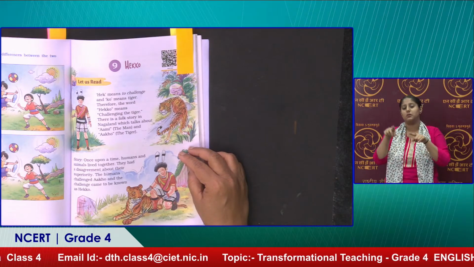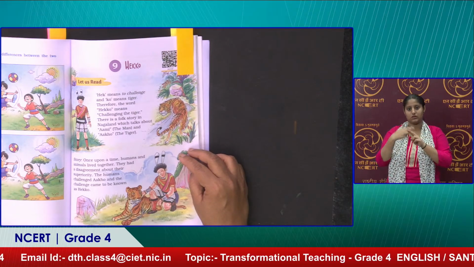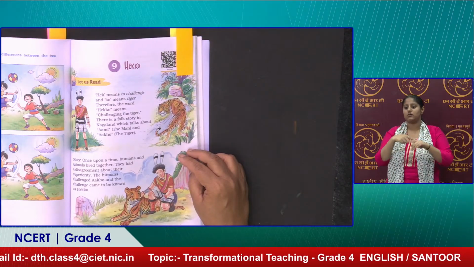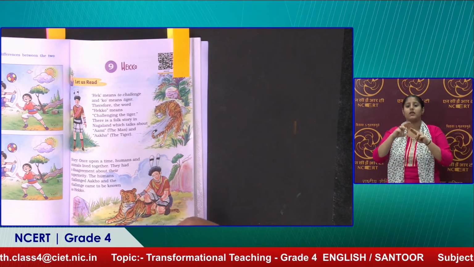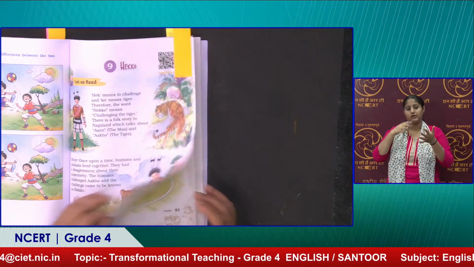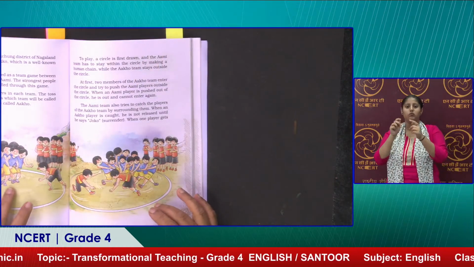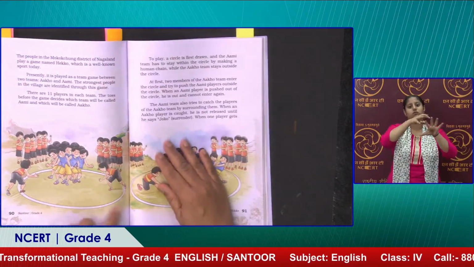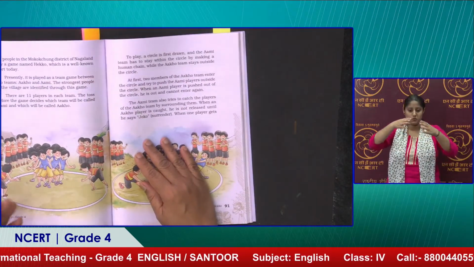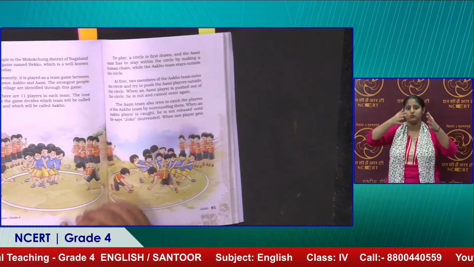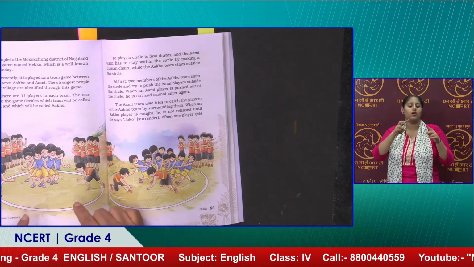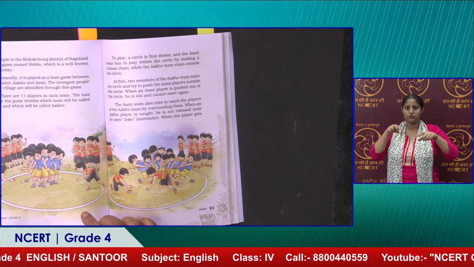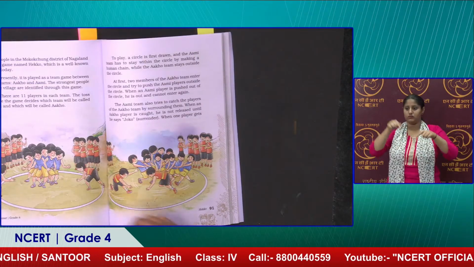And in that again they had a disagreement, it almost came to a conflict. So, now that folk tale, retaining the name Hekko, we have 2 teams, one is humans and one is tiger, and they are in a circle, and there will be 2 players coming inside from the opposing team, and then they are trying to pull out these.